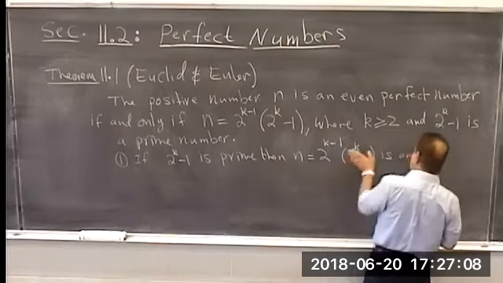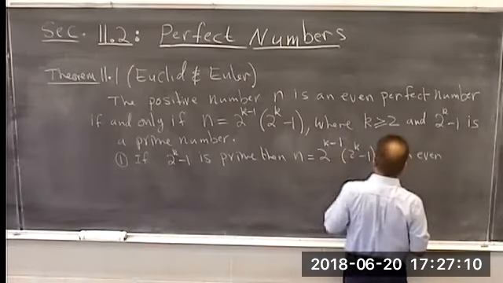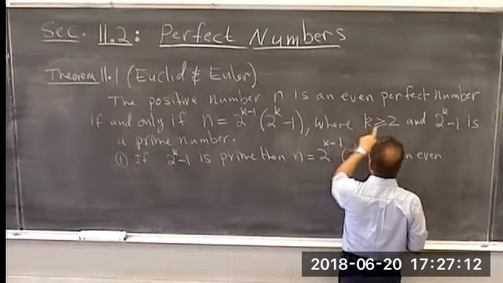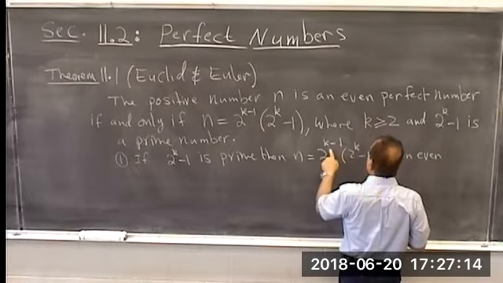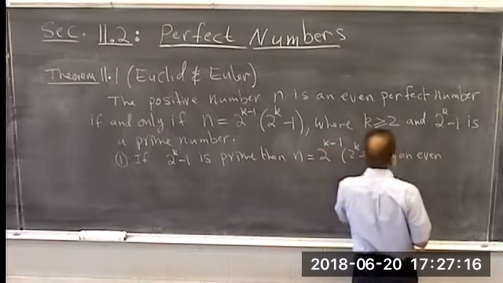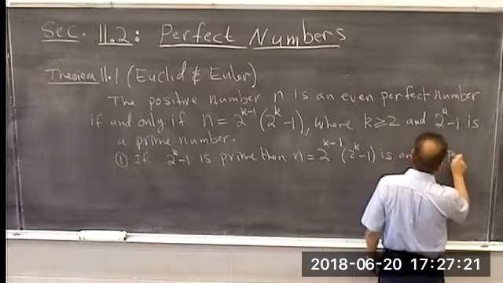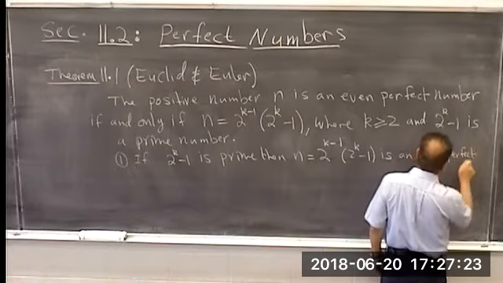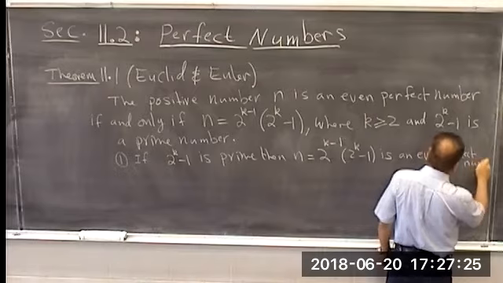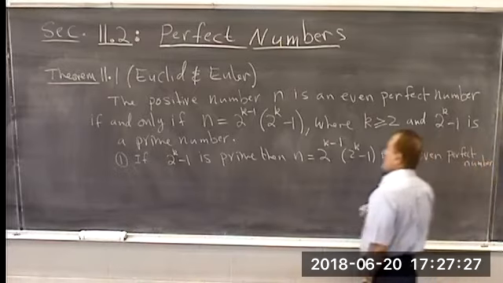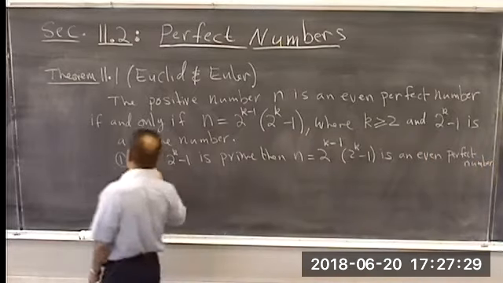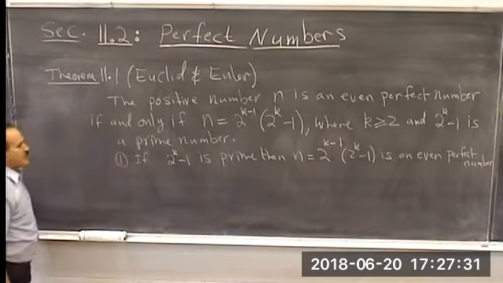Of course, it's even because it's a multiple of 2, and because k is bigger than or equal to 2, the exponent for the 2 here is going to be bigger than or equal to 1. So it's an even perfect number. And this is actually what Euclid proved. So this part of the proof is due to Euclid.